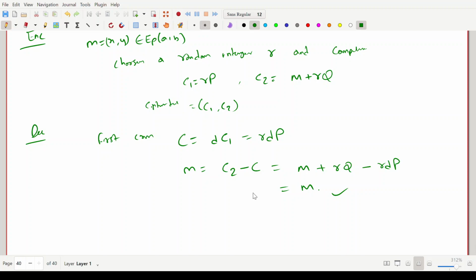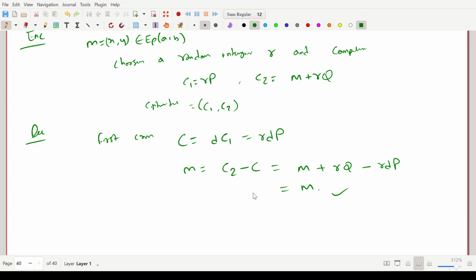We can also compare the advantages and disadvantages of ECC over RSA. The main advantage of ECC is that it provides the same security level with smaller key size. Due to smaller key size, the encryption process becomes faster and requires less computing power than RSA.